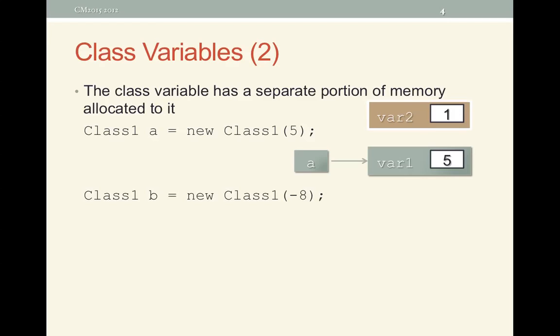When we create another version of Class1, what will happen is we set aside a little bit of memory to store the object B, but also var2 has 1 added onto it. And now if you referred to var2 either from A or B, it would have the value 2.